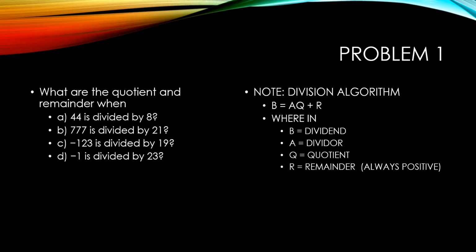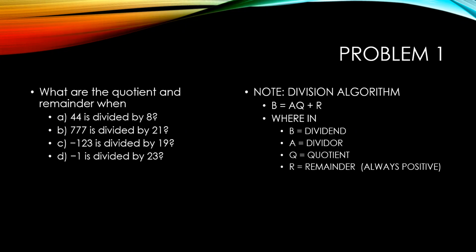To answer this, we're going to use the division algorithm, wherein B is equal to AQ plus R. B is your dividend, A is the divisor, Q is your quotient, and R is the remainder. And don't forget, R is always positive. The excess is always positive.